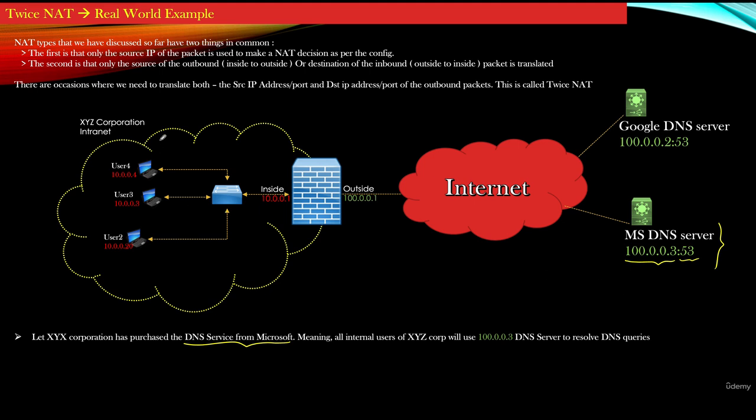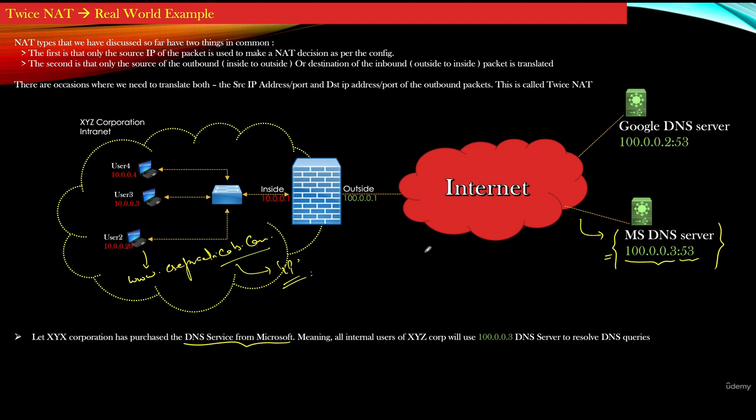XYZ Corporation pays a fee to Microsoft so that its internal users will use the Microsoft DNS server to get DNS queries resolved. For example, if a user of XYZ Corporation accesses the website www.csepracticals.com, then this user will use the Microsoft DNS server to translate this URL into its IP address.